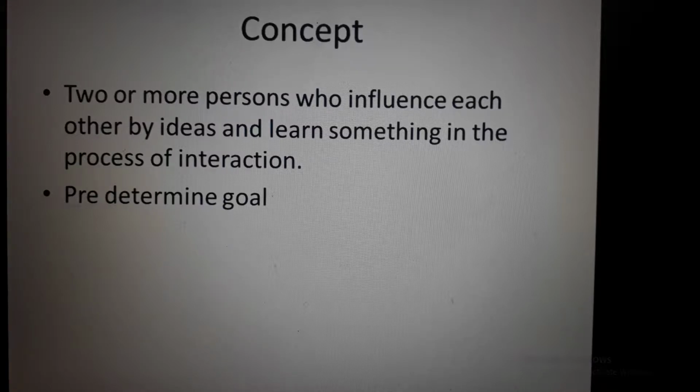The second scholar is N.L. Gage. He defines teaching as a form of interpersonal influence aimed at changing the behavior potential of one another. So it's somewhat similar to the first one.